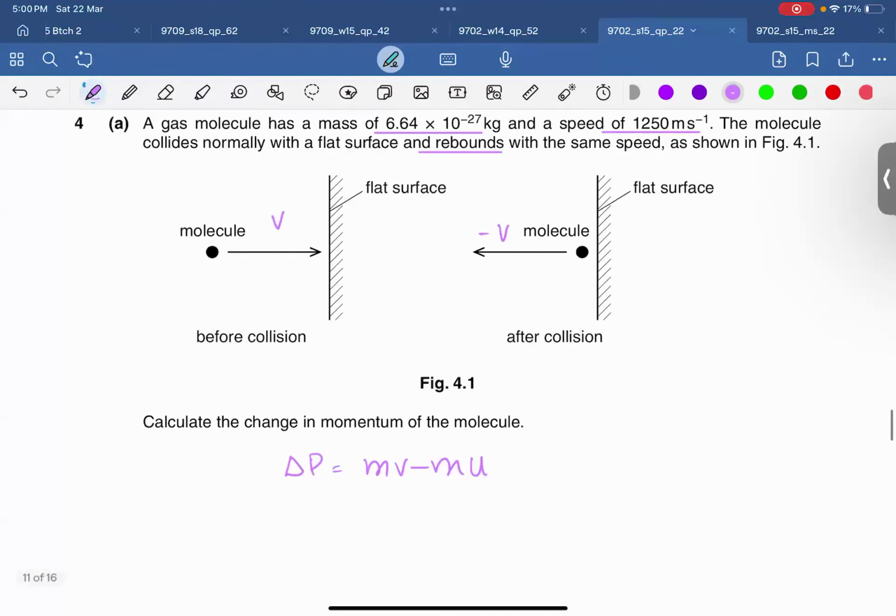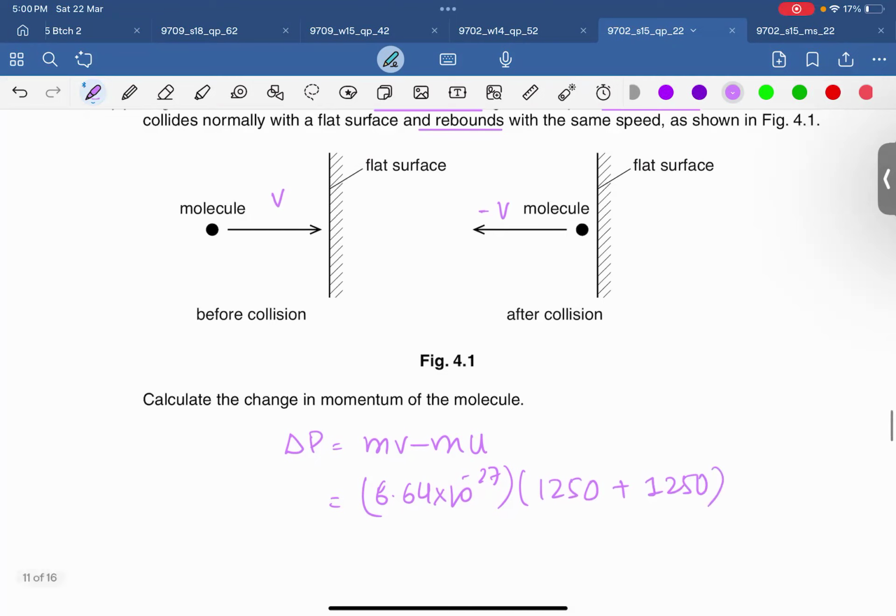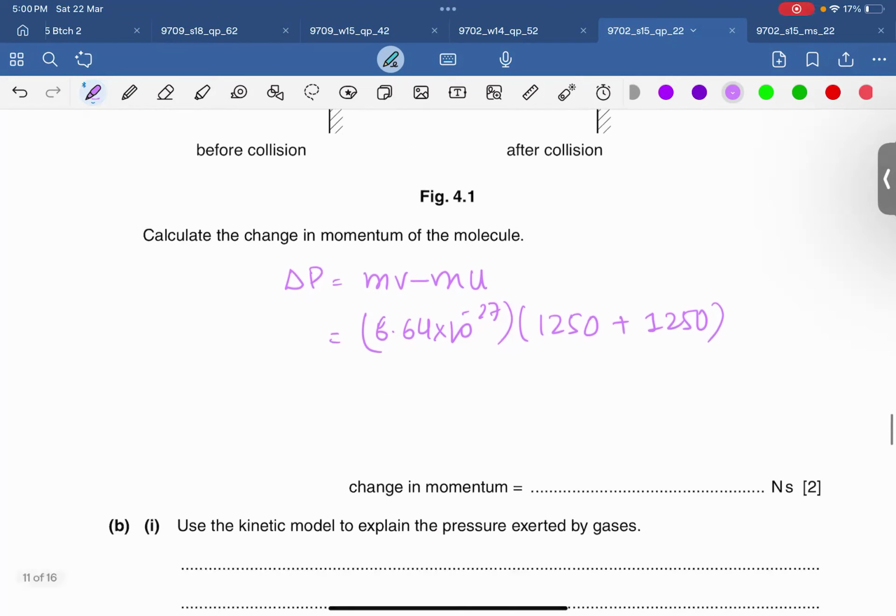Okay, and for final velocity and initial velocity you can consider the negative sign with anyone, but you have to consider it. Okay, so 6.64 exponent negative 27. So you get 1250 plus 1250. Okay, I am adding because we have two signs, one for the direction and one for the change. Okay, just calculate the value please.